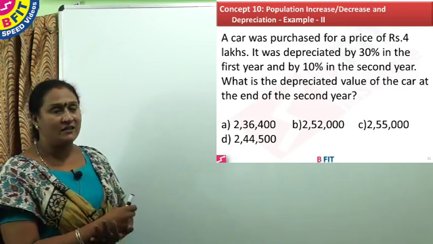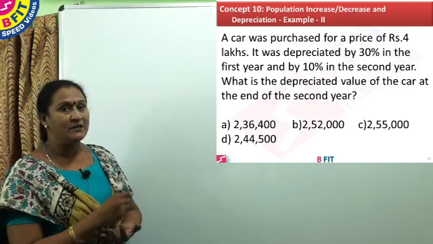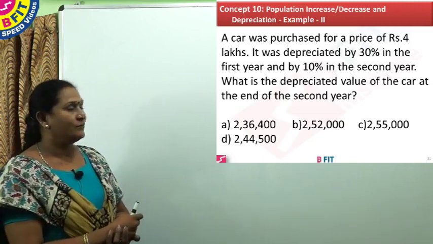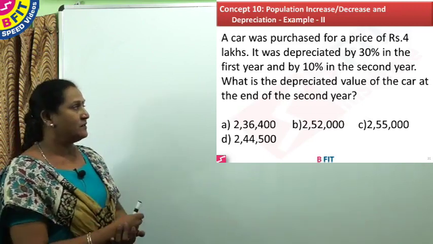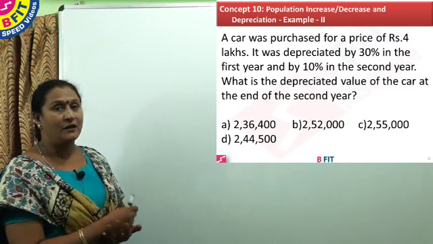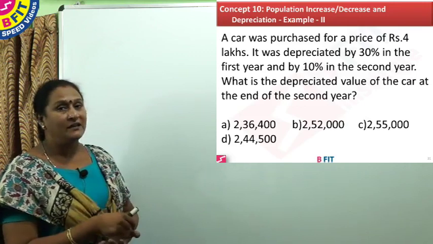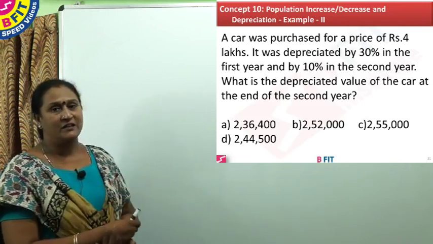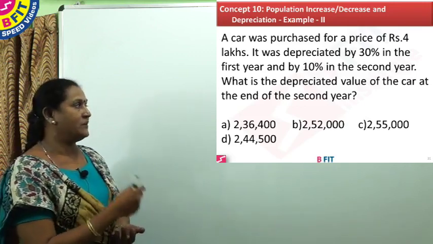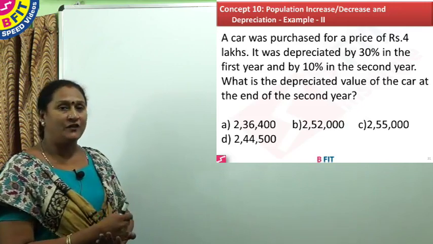The first year depreciation rate is 30% of the initial value. The second year rate of depreciation is 10%, and this 10% is on the decreased value of the first year. So we'll see what will be the depreciated value at the end of the second year.